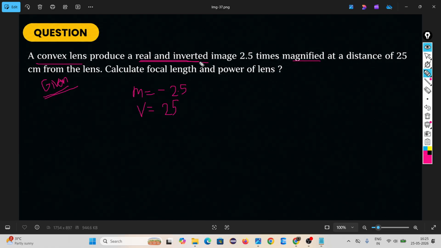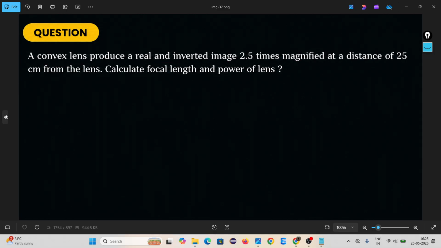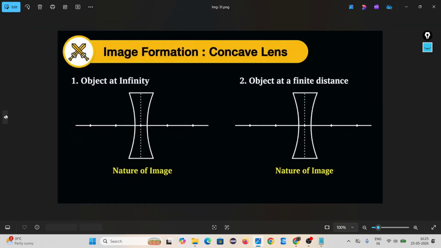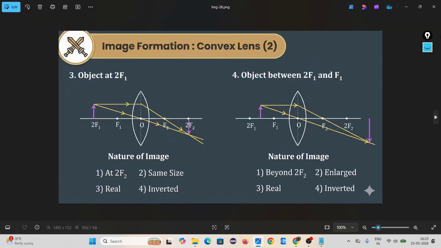The image becomes real and inverted. Image distance 25. Okay, tell me, except the sixth condition, is the image always forming on the left hand side or right hand side? Look, in the first condition, the image is forming on the right hand side.